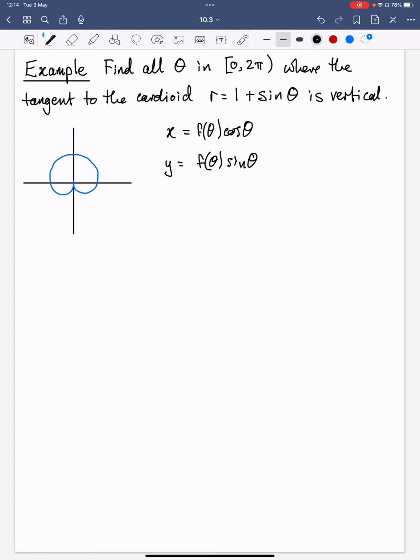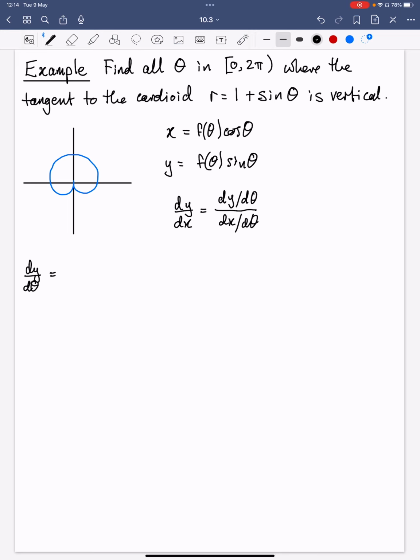And I'll compute the derivatives of these because my master formula is dy by dx is dy by d theta over dx by d theta. So I'm going to have to know both dy by d theta and dx by d theta eventually.